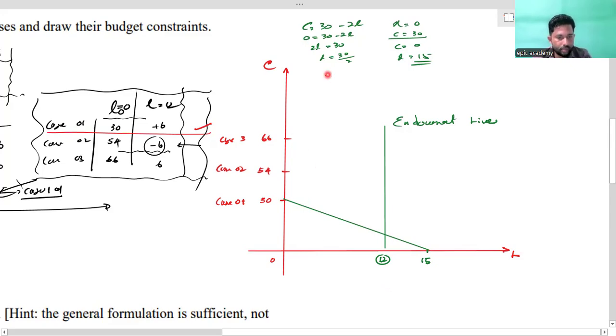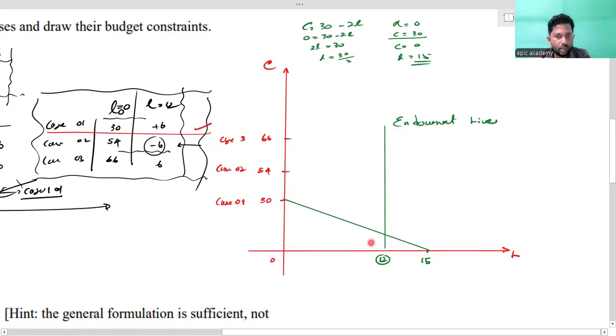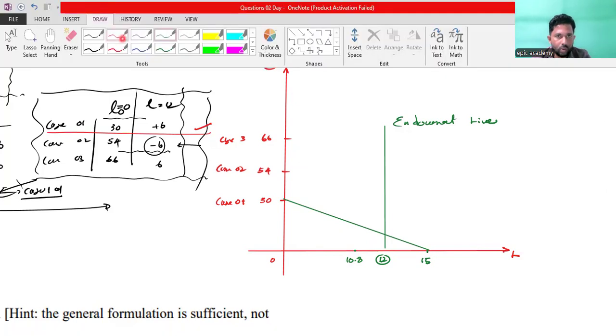Right. Next one, it is the second equation. The second equation starts from 54, and if C becomes 0, 5L must be equal to 54. That means 54 must be divided by 5. It becomes 10.8. So we'll take that point, 10.8, from 54 to 10.8, something like that.